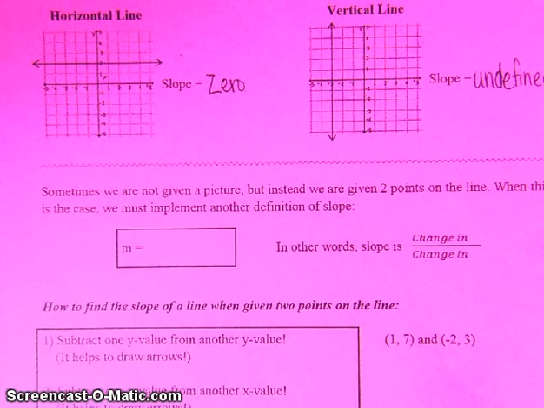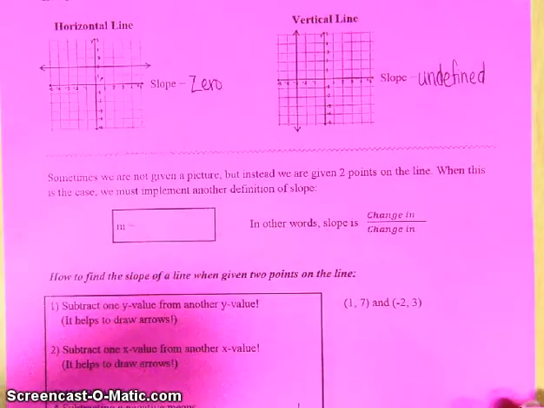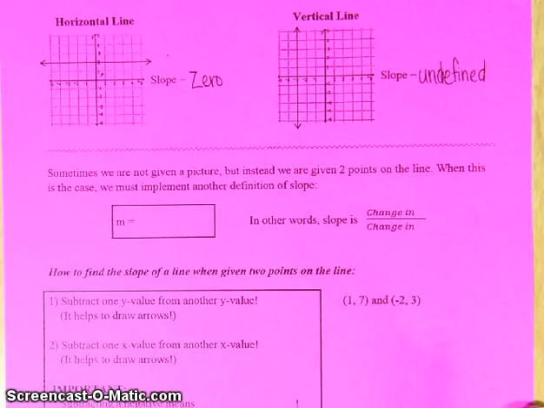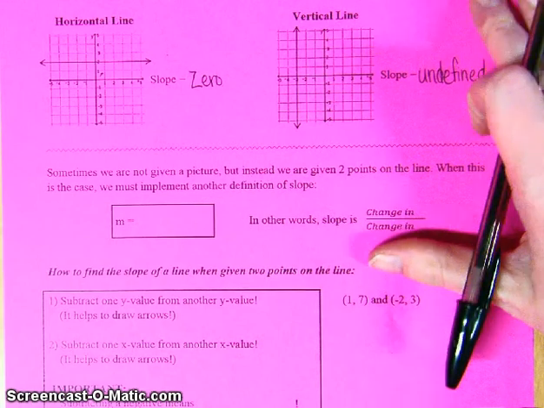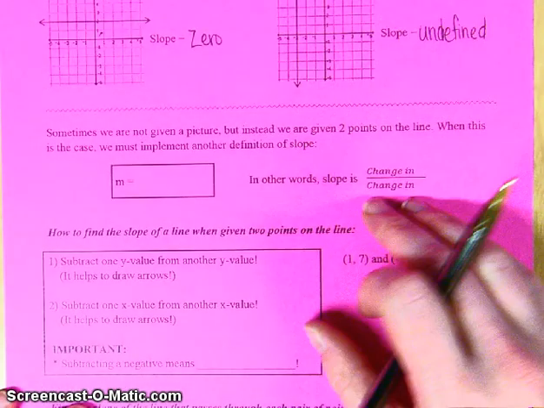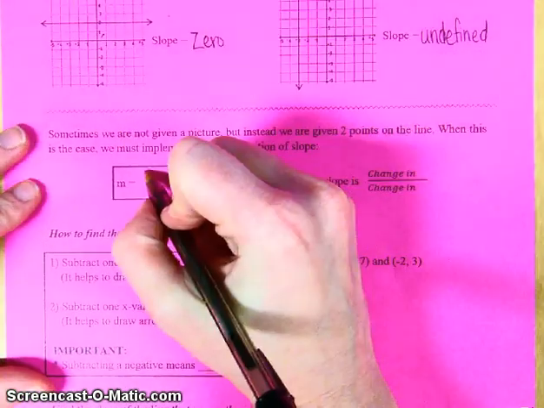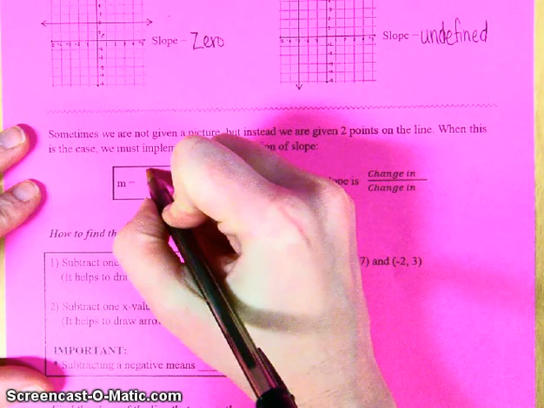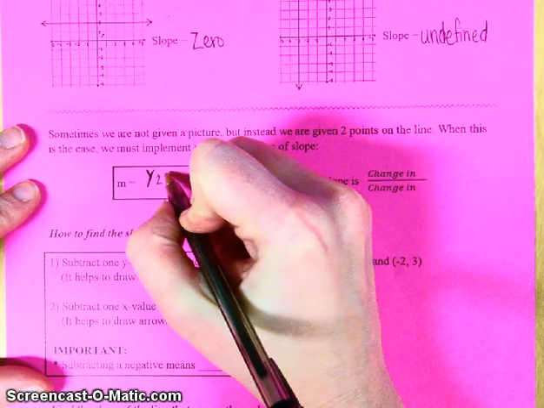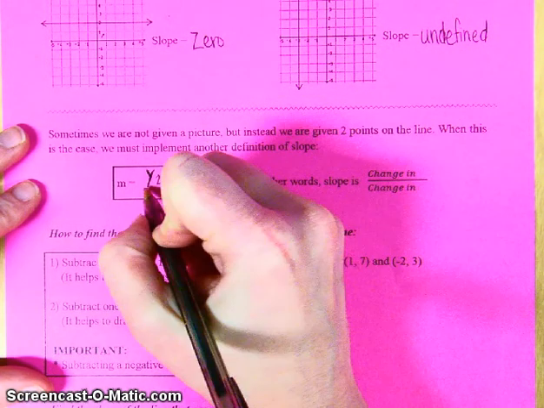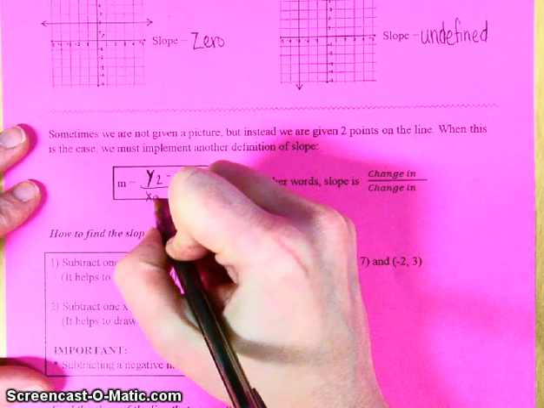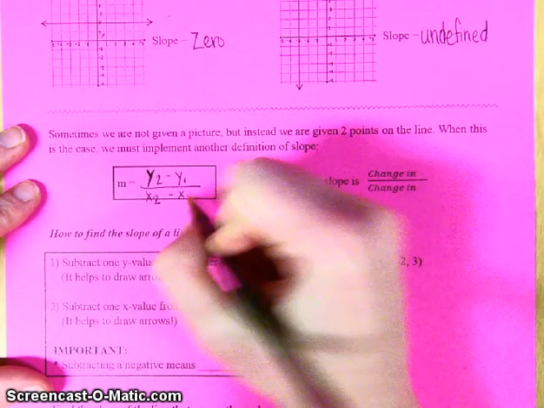Sometimes we are not given a picture, but instead we are given 2 points on the line. When this is the case, we must implement another definition of slope, another way to find slope. So here is where we use the formula y sub 2 minus y sub 1 over x sub 2 minus x sub 1.